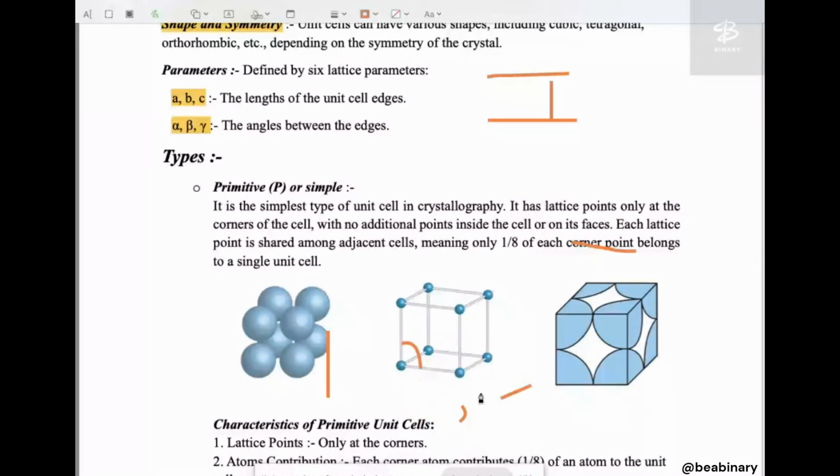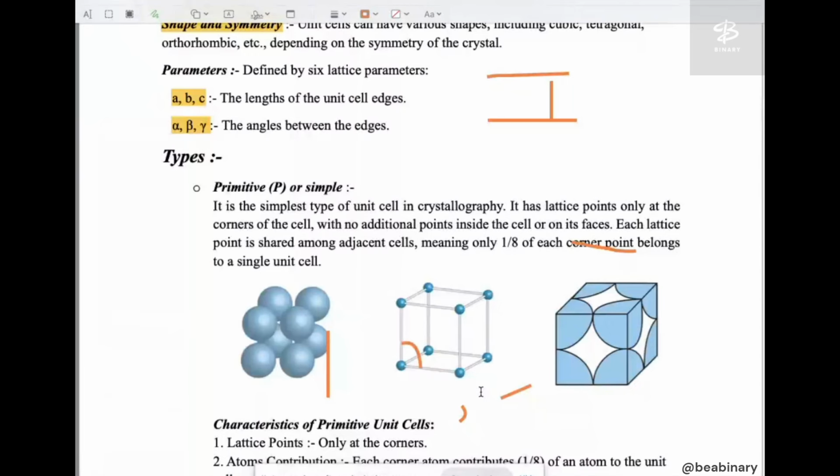So these are the six basic terminologies you must know. A, B, and C denote the lengths of the edges present in any kind of cell, irrespective of their shape, and alpha, beta, and gamma are the angles of their arrangement.